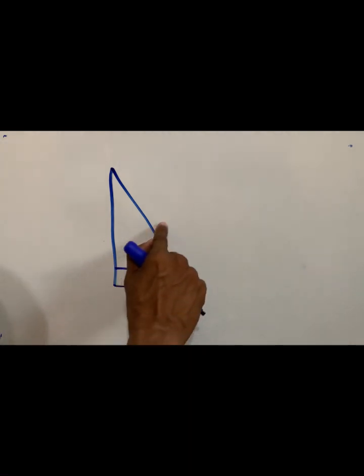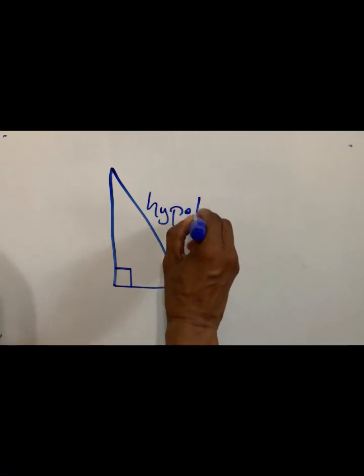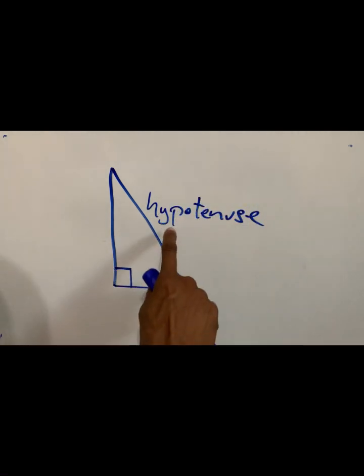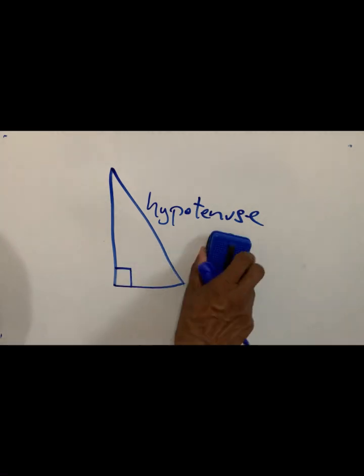And the opposite side to this is what we call the hypotenuse. The hypotenuse is the longest side of your right angled triangle. So we speak about hypotenuse when we talk about a right angled triangle.